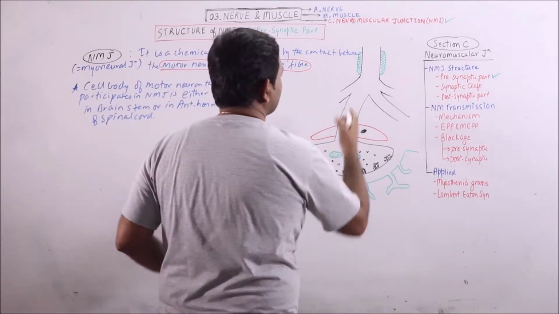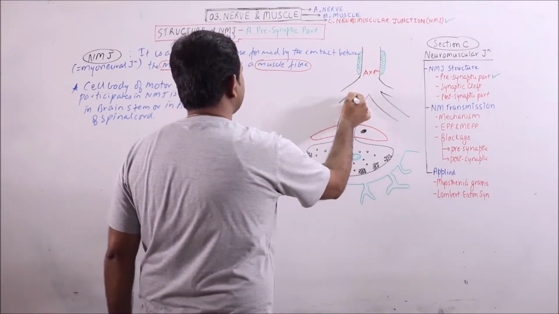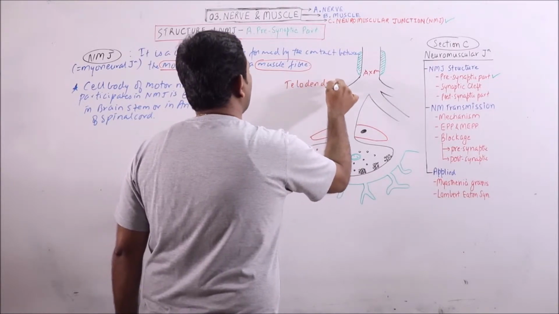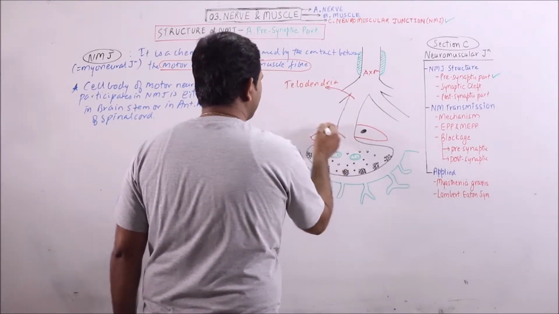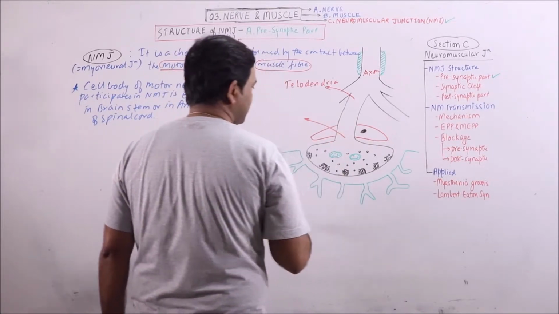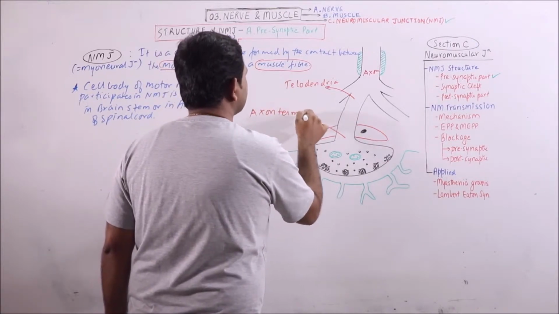Now, we know that this is axon. Axon is having various branches known as telodendria, and the ends of telodendria which participate in neuromuscular junction are basically axon terminals.